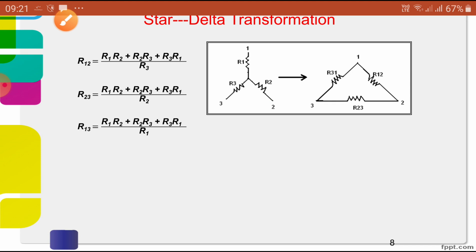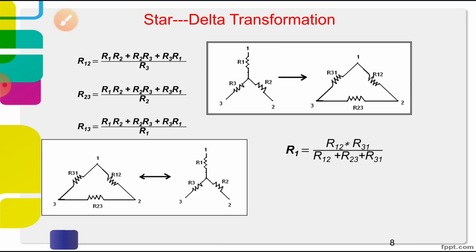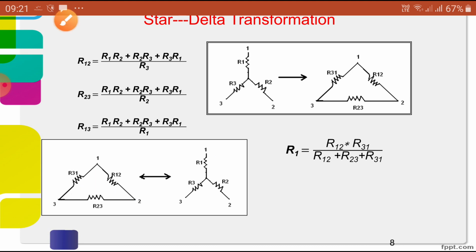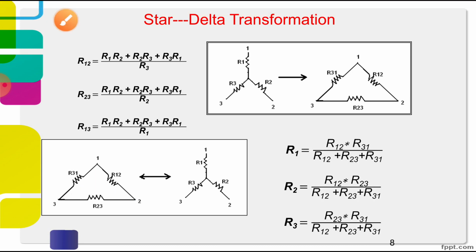If delta is given, then how are we going to convert to star? Then this is one. Same thing. R1 you require, then simply write the equations. Here the adjacent of these two values by the total value. Just you are going to get this one. Okay, these 3 equations. These are the basics.